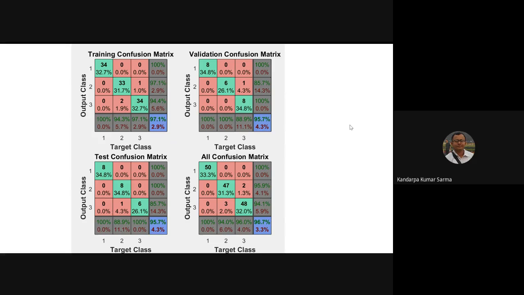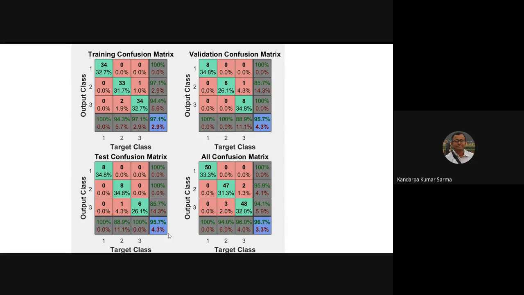So here these last values: 96.7%, 95.7, 97.1, 95.7 will be denoting the reliability. Now this particular 97.11% will be the training time reliability. 95.7% will be the validation time performance.